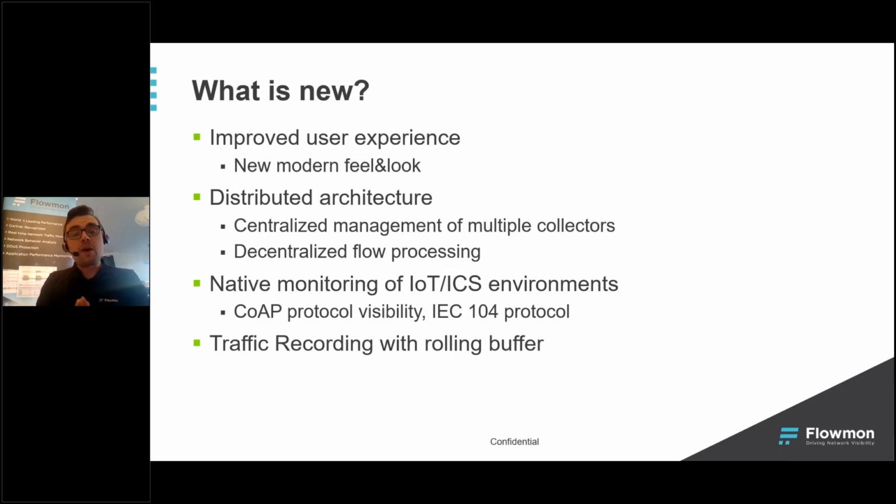But now with the rolling buffer, you can have in the PCAP also information which really caused the triggering of the security incident, because there is a rolling buffer which ensures this. And the most important news and today's topic is encrypted traffic analysis. So let's jump into the topic right now.